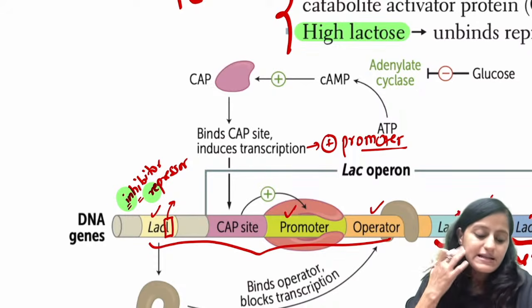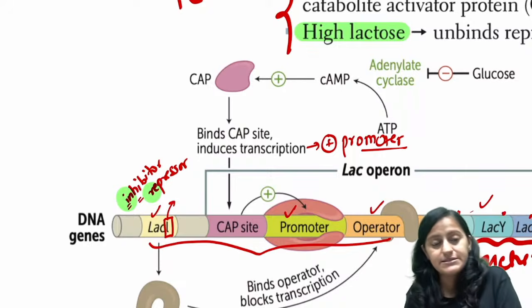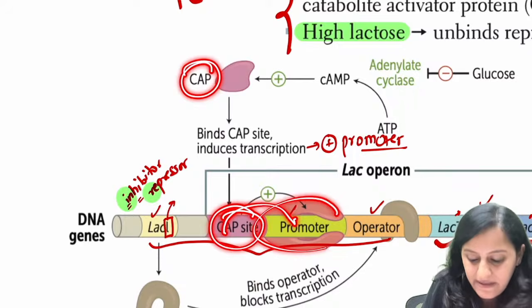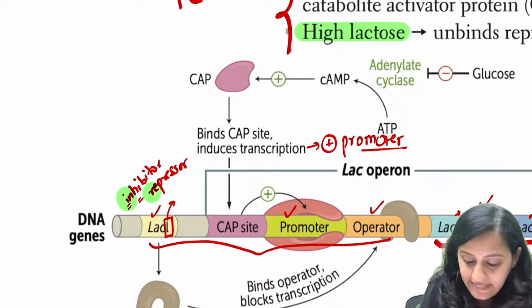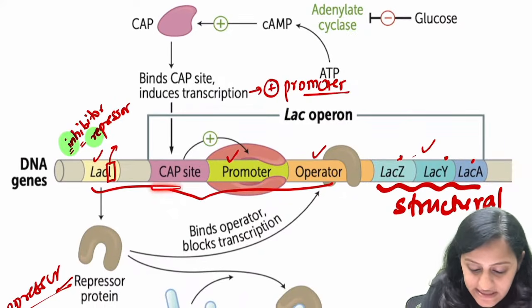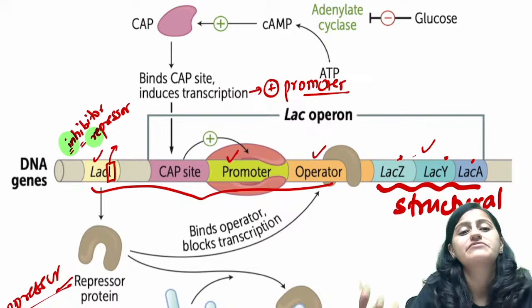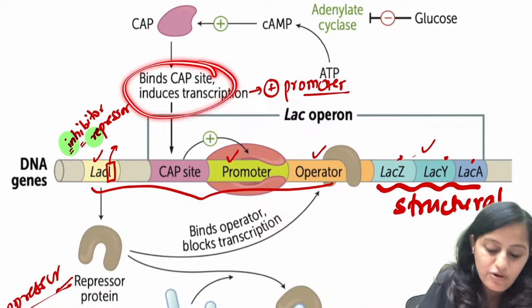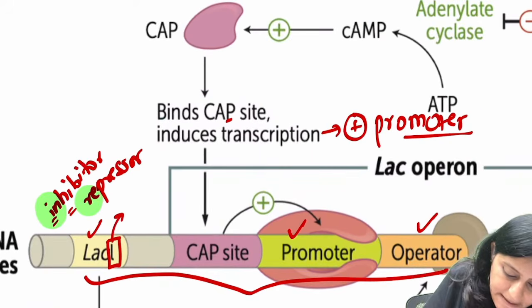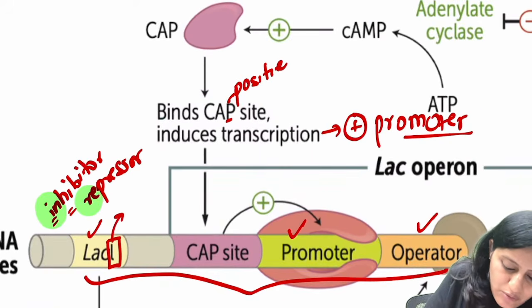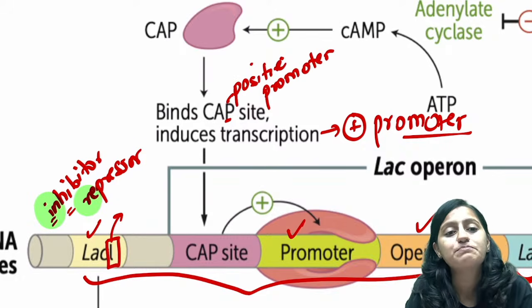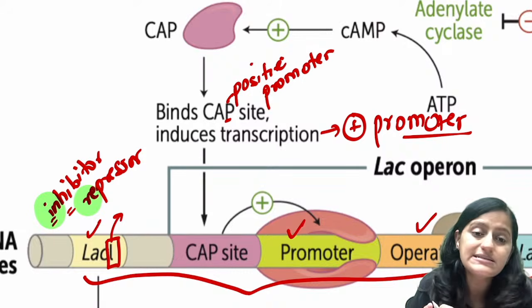Let me clarify: CAP binds to the CAP site and promotes the binding of polymerase to the promoter. Then transcription is induced. So the activator, the positive regulator of the lac operon, is CAP. Remember CAP, P for positive promoter. Lac I, the repressor, is the inhibitor, the suppressor.